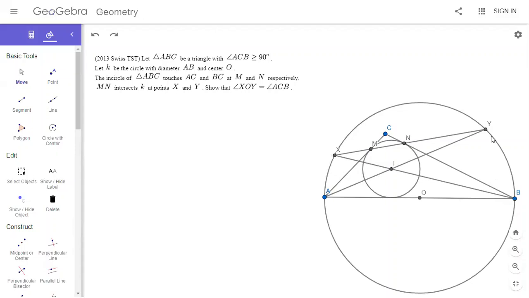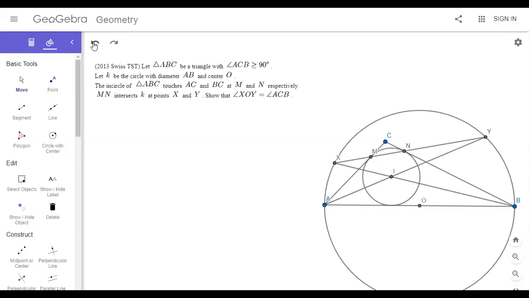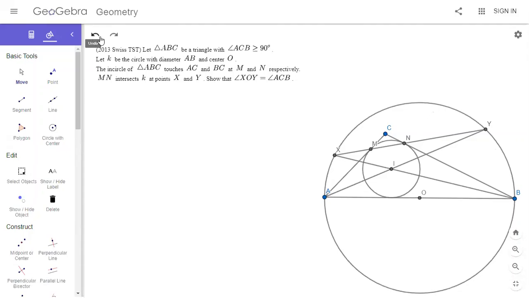You just need to know that these points are collinear. So if I delete those two, how do I show A, I and Y are collinear?